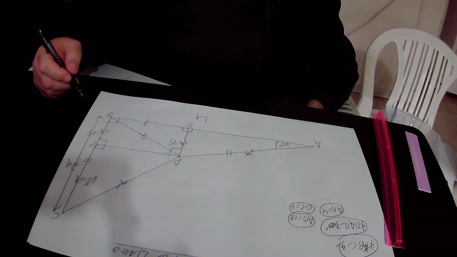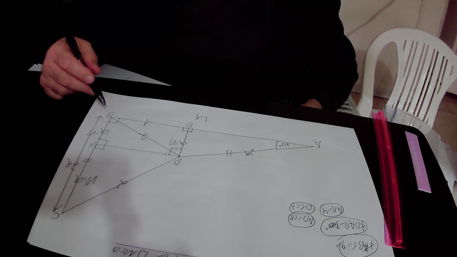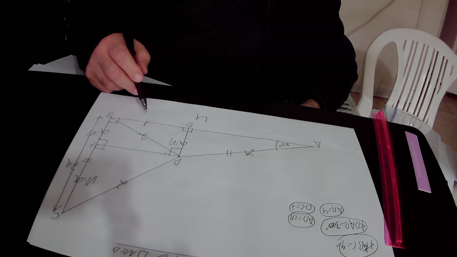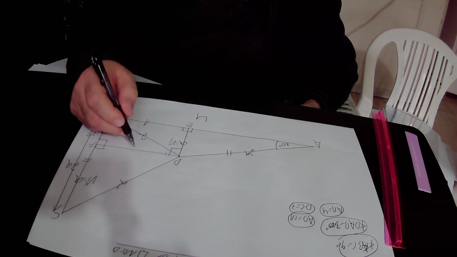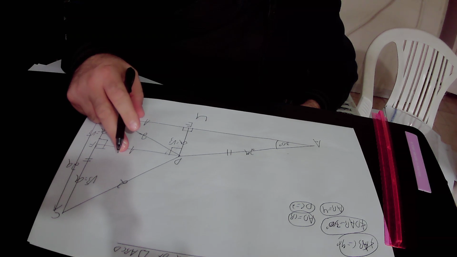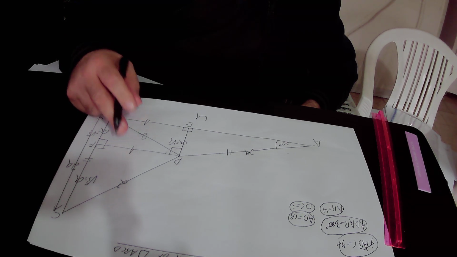But according to the rule that the opposite sides of a rectangle are equal to each other, EB equals DF. But EB equals 1 unit, therefore DF will also equal 1 unit. Those two sides are both equal to 1 unit because the opposite sides of a rectangle are equal to each other.